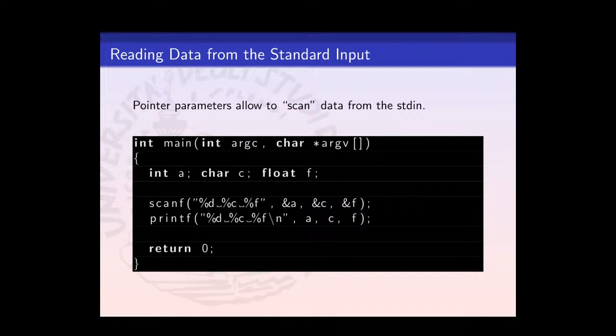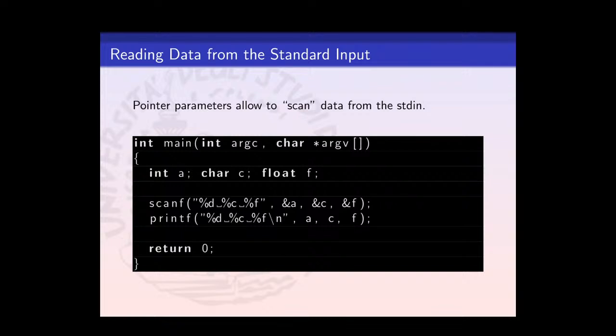So during the calling phase of a function, all the parameters were expressions, numerical expressions, or letters, however you want. By calling a function, we were not able to change the content of a variable declared outside the function itself.